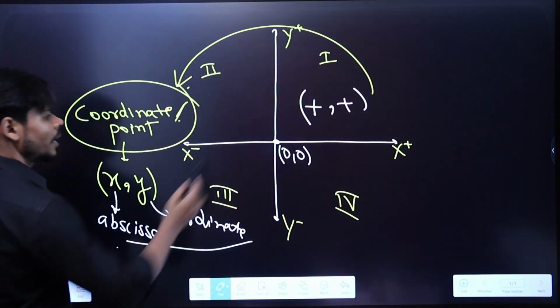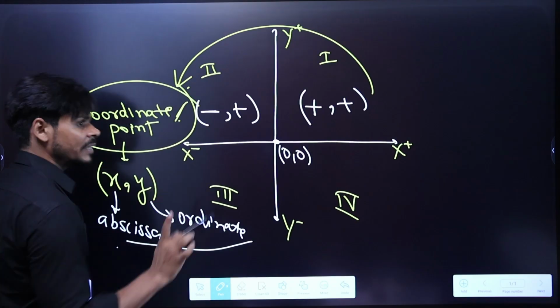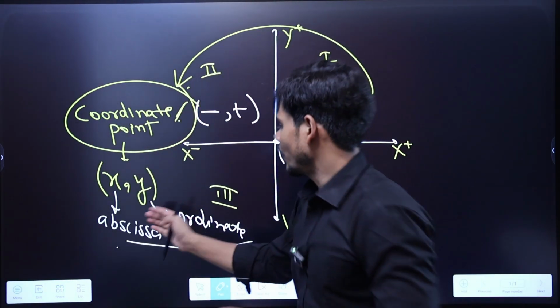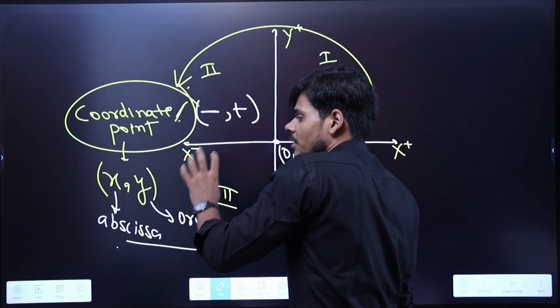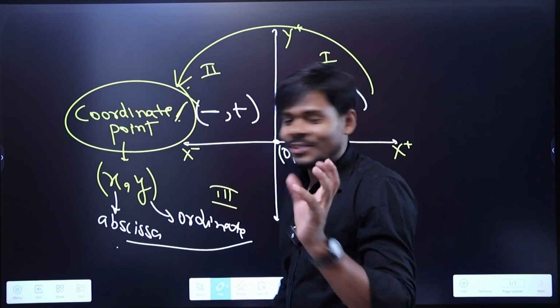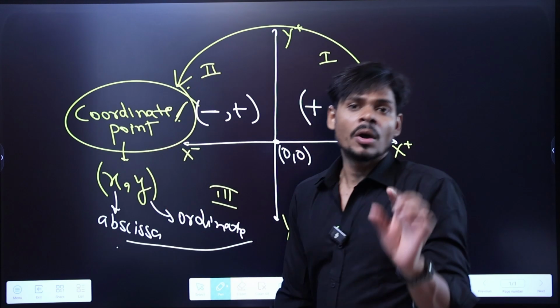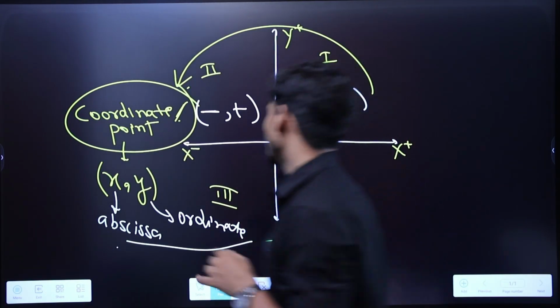In the second quadrant, the value of x will be negative and the value of y will be positive. Always remember, first x, the abscissa, is written and then the ordinate. Sometimes students write y and then x. No means no. X will be first and then y.